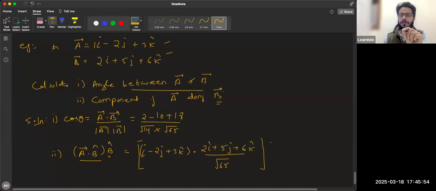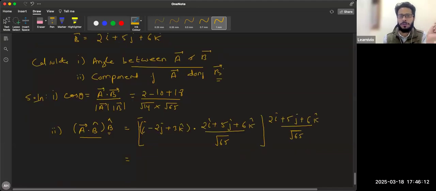For the component vector, just multiply it with one more B cap, which is 2I cap plus 5j cap plus 6k cap divided by root over 65. So when we take the dot product, the coefficient of I cap is 1 and 2, so here it's 2. J cap is minus 2 and 5, so it's minus 10. K cap is 3 and 6, so it's 18, divided by root over 65, multiplied by the same. So this is the component vector of A along the direction of B.